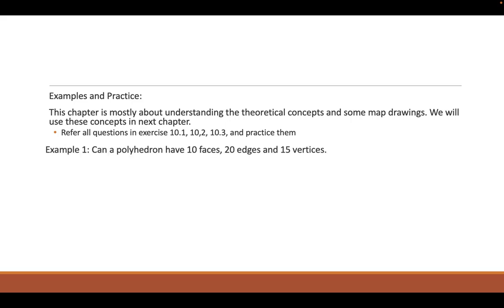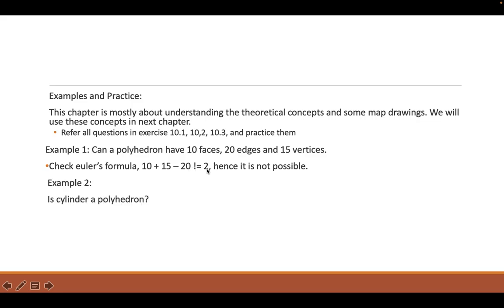Next, some small examples. Can a polyhedron have 10 faces, 20 edges, and 15 vertices? This is where you need to use Euler's formula. F plus V minus E is not equal to 2, so it's not possible. Simple answer. Is a cylinder a polyhedron?